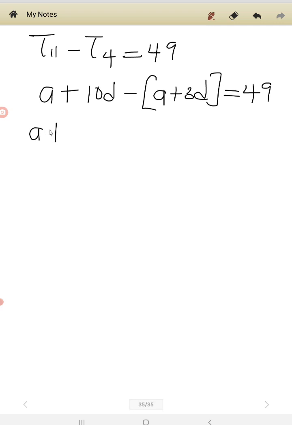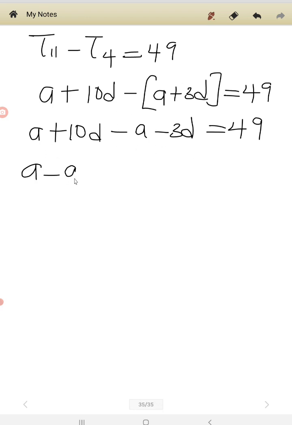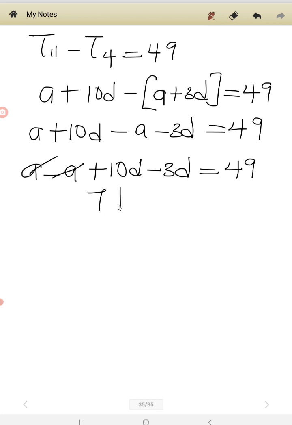So A plus 10D minus A minus 3D is equal to 49. Collect the like terms: A minus A plus 10D minus 3D is equal to 49. So you cancel this, and we have 7D is equal to 49.